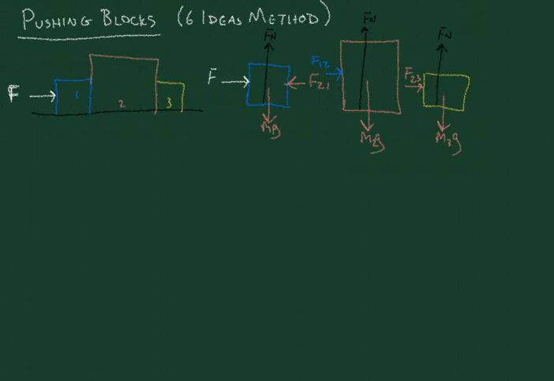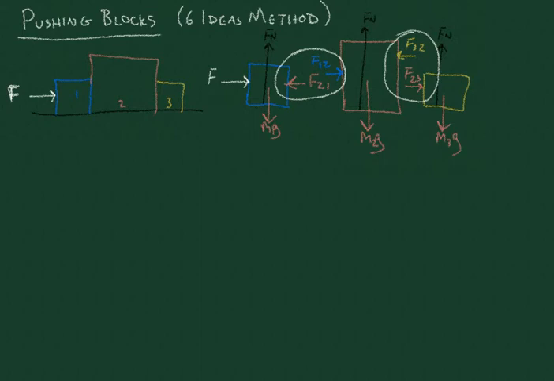Looking at this, we say, oh, I left out a force, didn't I? On block 2, we should have a force F32, because block 3 is also pushing on block 2. The way to check is that, connecting all the blocks, we should always have these partners, and they're equal and opposite in each direction, just like Newton's law tells us they should be.